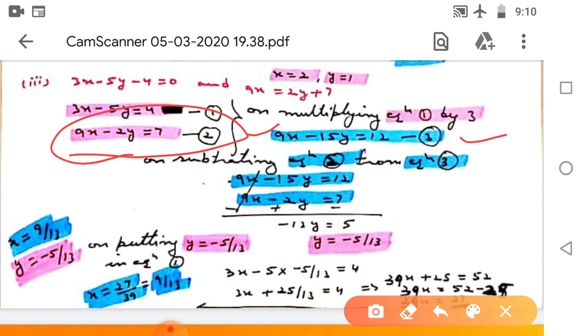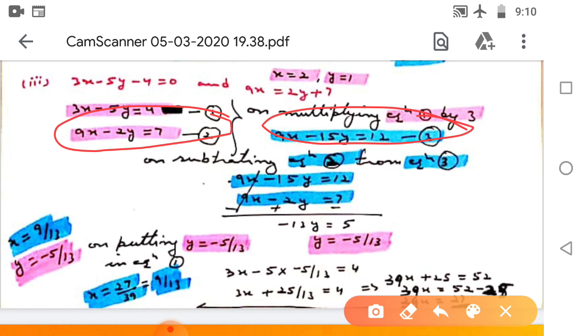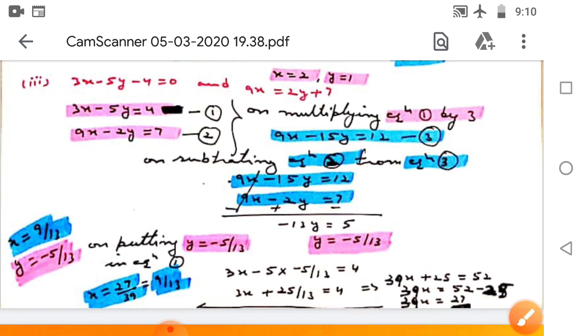Now on subtracting equation 2 from equation 3, since we are subtracting, we need to change the sign. 9x becomes minus 9x, minus 2y becomes plus 2y, and plus 7 is now minus 7.